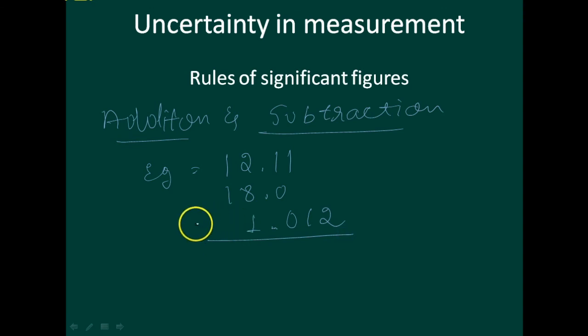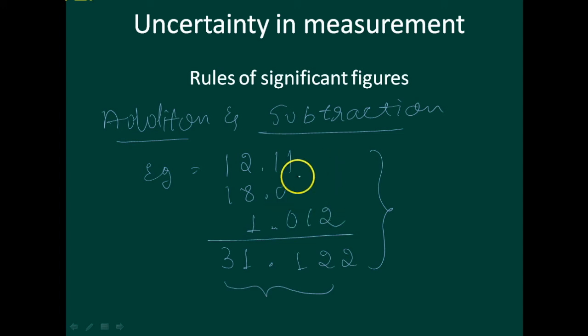By adding these you get 31.122. The result cannot have more digits to the right of the decimal point than any of the original numbers. Whatever result I have obtained cannot have more digits to the right of the decimal point than the original numbers.